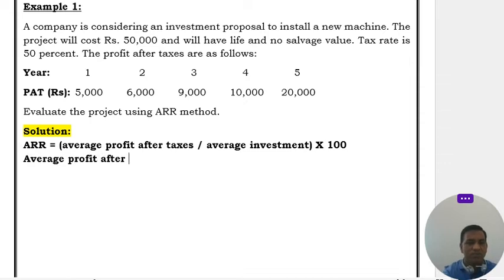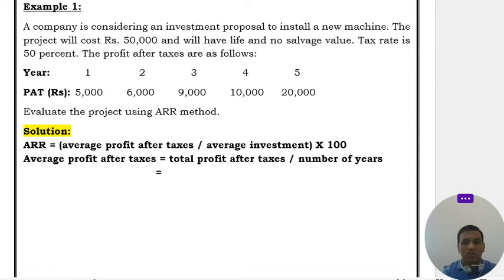Average profit after taxes is equal to total profit after taxes divided by number of years. And if you check here, what about the total profit after taxes? Add the PAT of all 5 years.